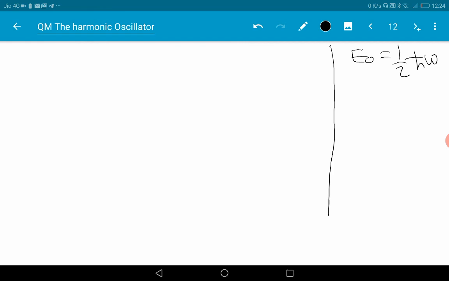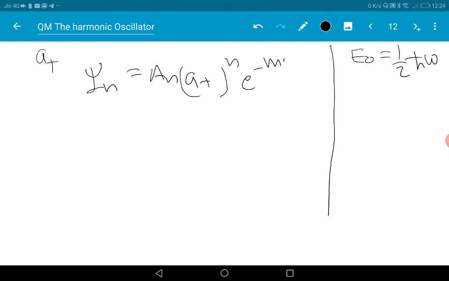Let's try and apply the raising operator a plus to get the next state after psi naught, which is psi 1. So we can say psi n equals A n a plus to the power n times e raised to the power minus m omega by 2h cross x square.